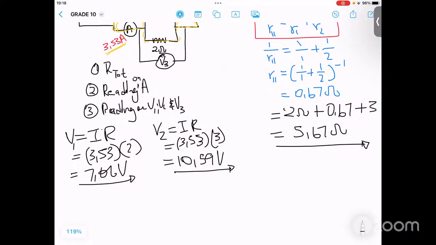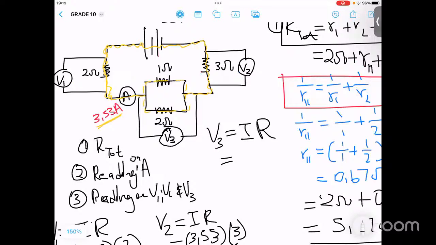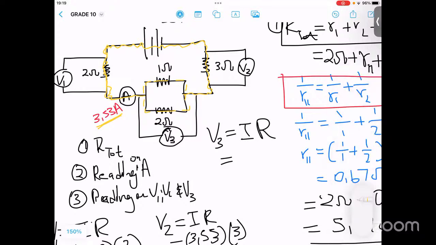So now, when it comes to V3, still you say V3 = IR. And then what is the current that is passing through where V3 is connected? So can you guys see? V3 is connected on that parallel connection, where, trust me, the current that is passing through that side, when you combine it with the current that is passing through this side, it takes you back to that same current there.